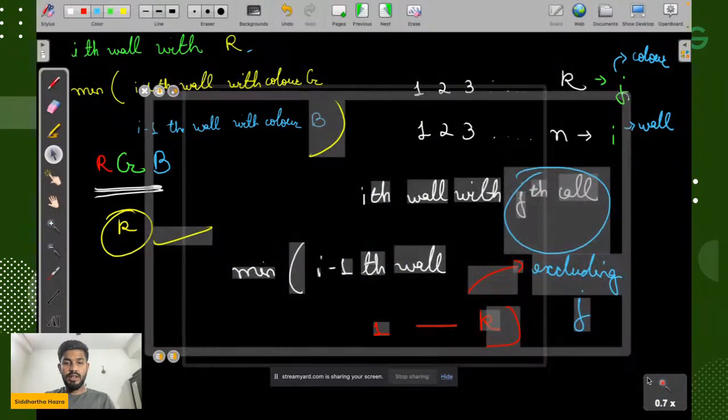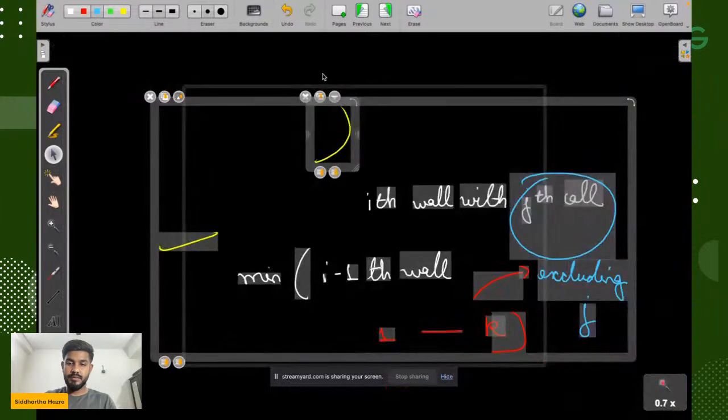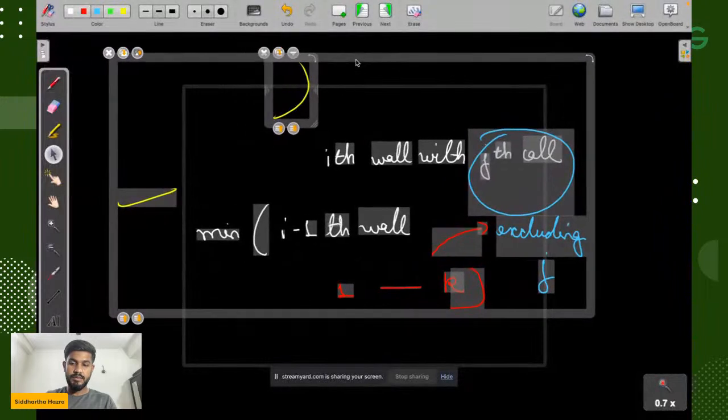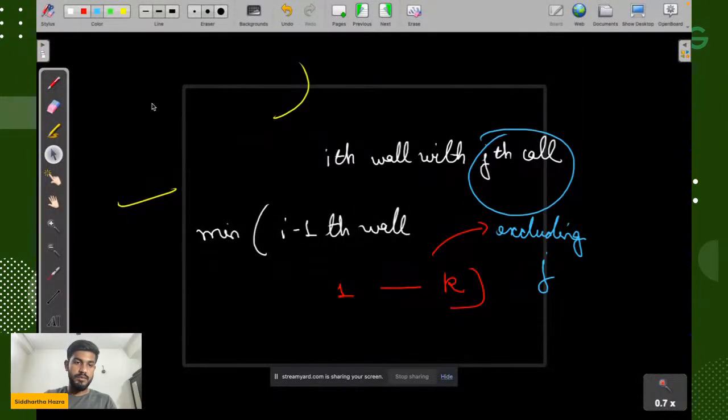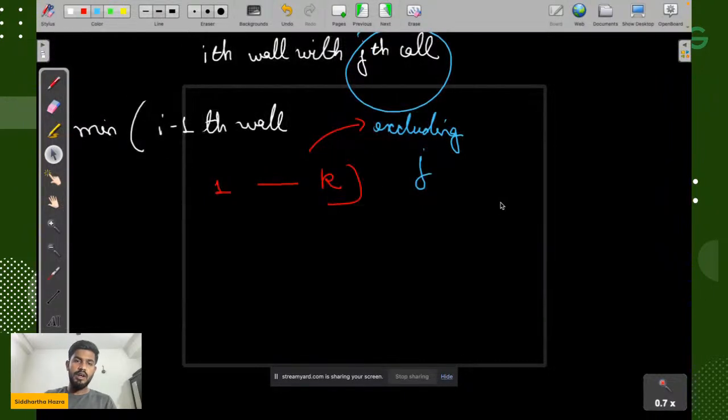So now let's take this example. Let's see this. We are standing at I position and we are filling j values.